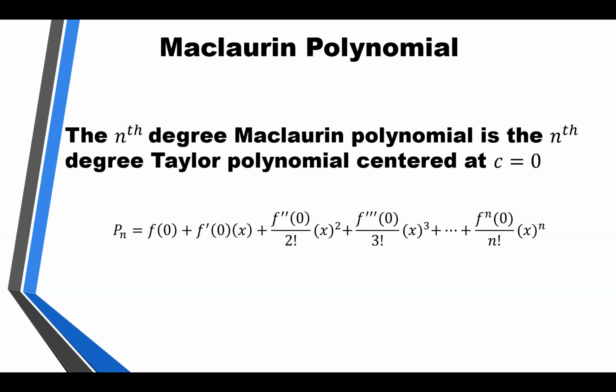So if we replace the c with a 0, then x minus c becomes just x, and we get the Maclaurin polynomial. You'll see that term on some subsequent slides. But a Maclaurin polynomial is a Taylor polynomial centered at c of 0.